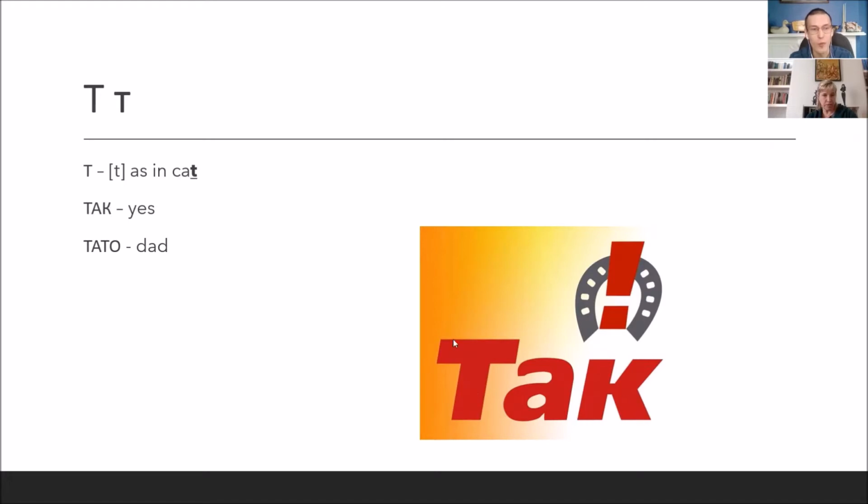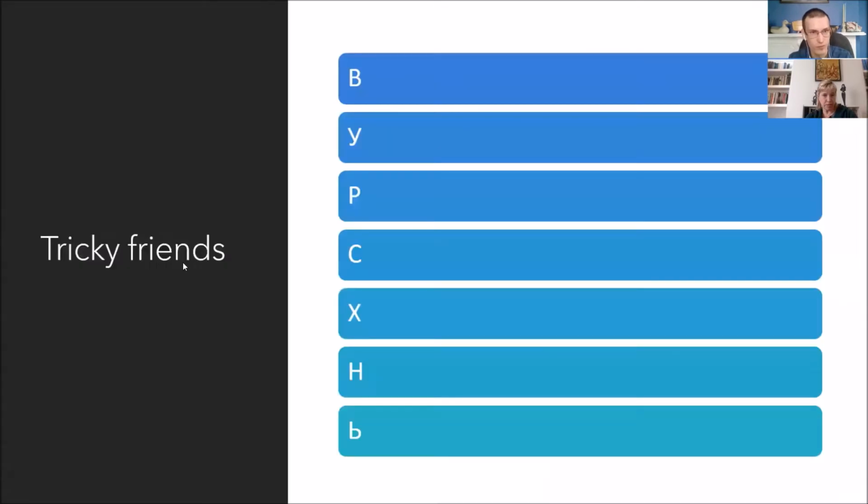And tak was this particular thing, a logo of one of the Ukrainian presidents and his campaign. His name was Yushchenko. Then there is also a word T-A-T-O, tato, which means dad.